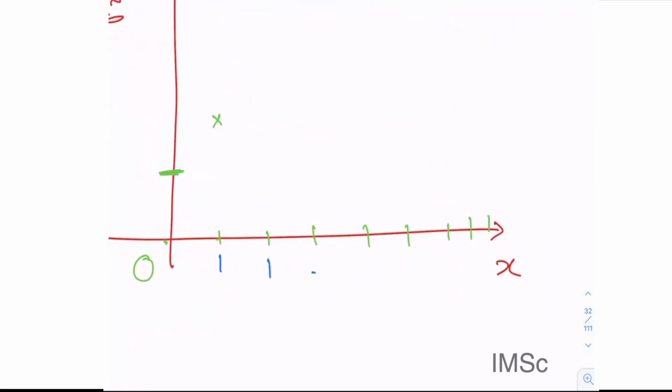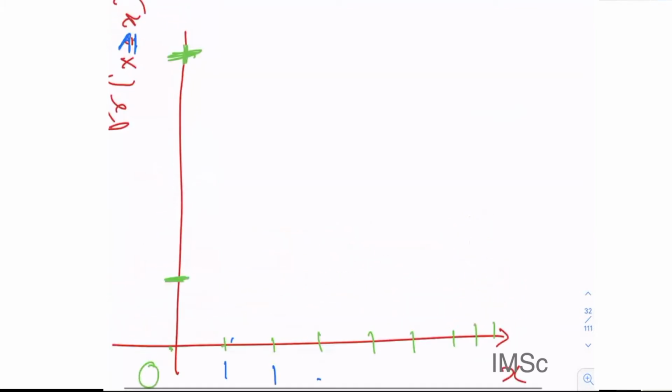So I get this quantity. Something like this, something like this.